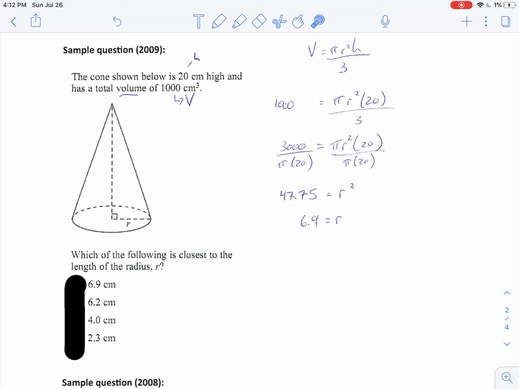So I divide both sides by pi times 20, and I get, for my r squared value, 47.75. Then the opposite operation, square rooting, gives me my radius value, which would be 6.9. Of the options here, we have 6.9 centimeters as an option for the length of the radius.